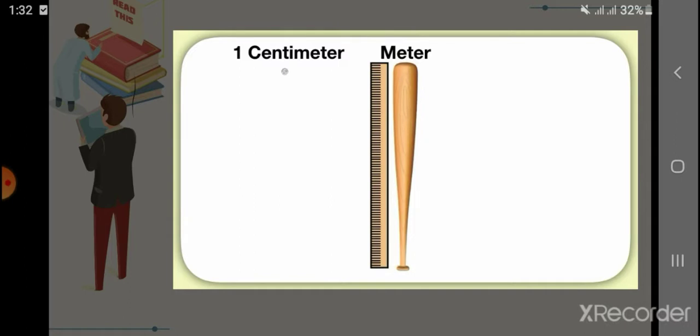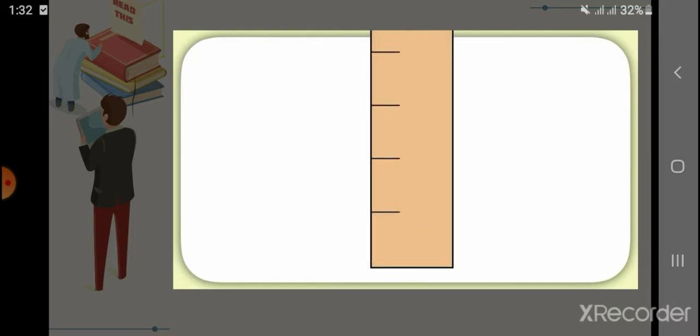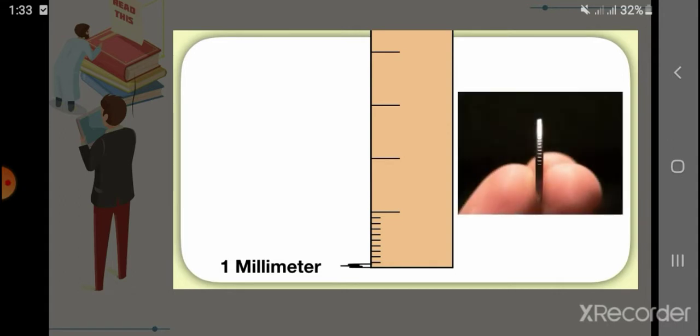We can see that a meter is a lot bigger, but if we zoom in on the centimeter, it can get even smaller. You can break each centimeter into smaller pieces, and each one of these tiny sections is called 1 millimeter. Now a millimeter is really small. It is about the thickness of a dime.